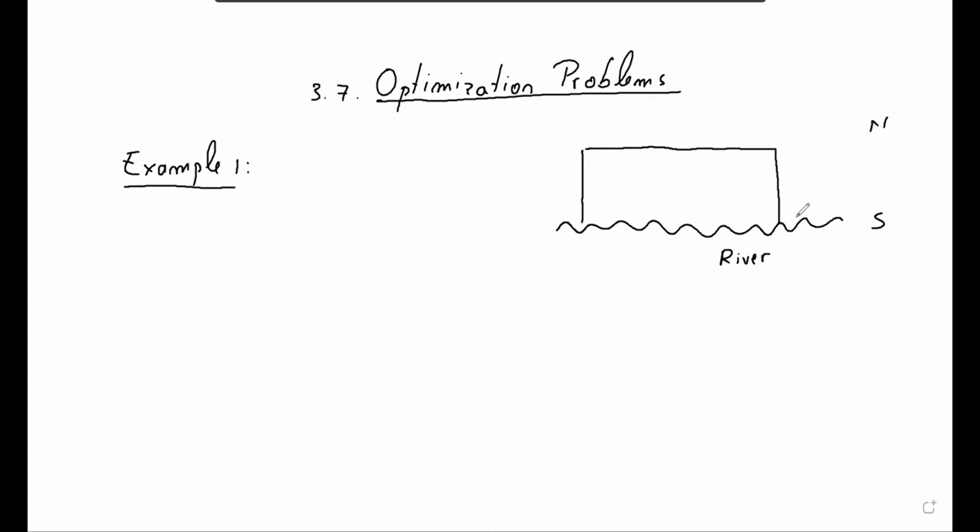So this farmer, again, has 2,400 feet of fencing. With 2,400 feet of fencing, this person wants to enclose a rectangular field like that. And the question is, what should the dimensions of this field be, again a rectangular field, so that the area is maximum?